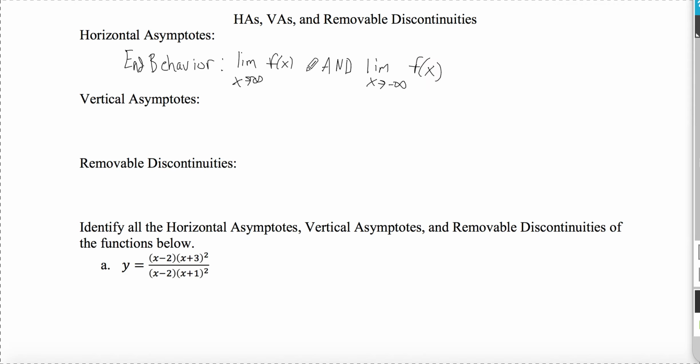In a good number of functions, especially rational functions, those are the same value, but not all functions have the same limit in both directions, so do check both of them.